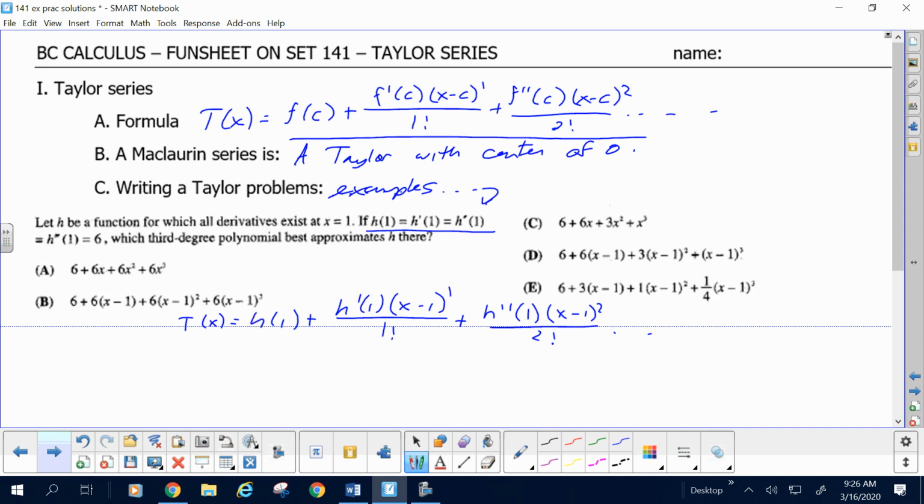That is a second degree. Third degree would be one more. My answer to that was D, after simplifying a little bit. All right?